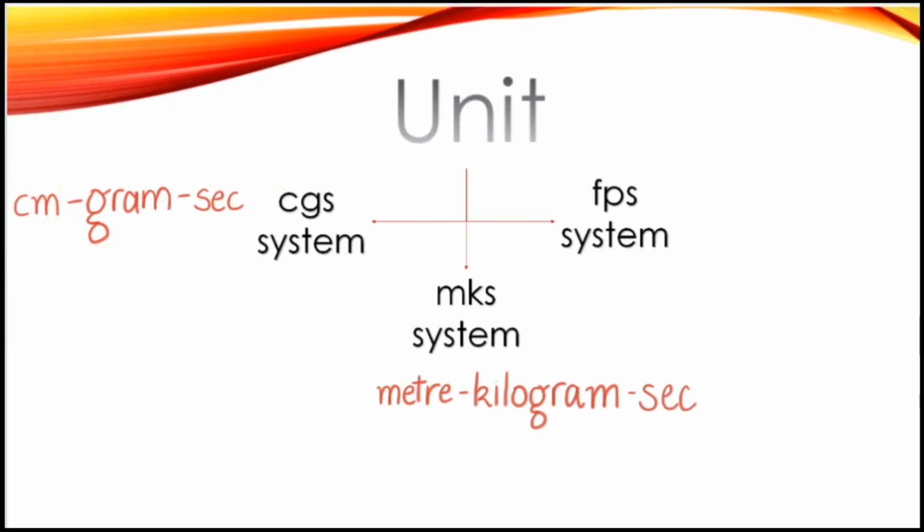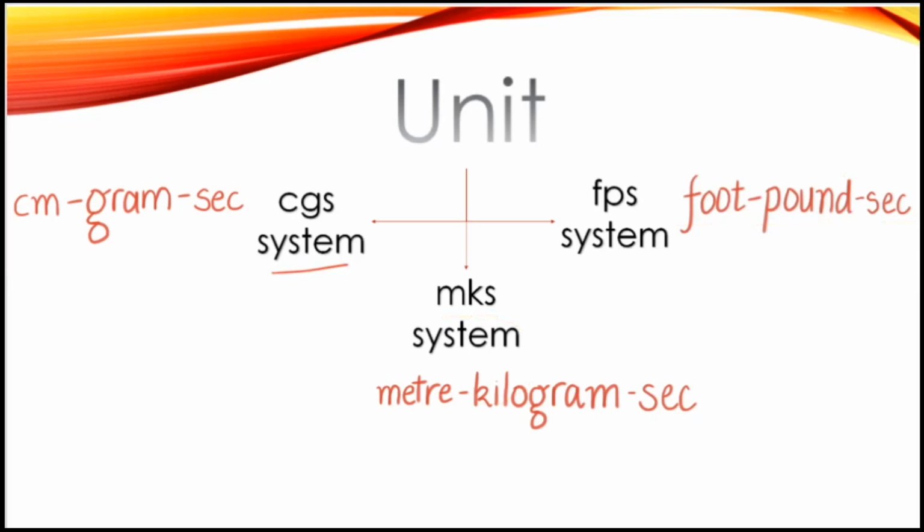And if we use meter, kilogram, seconds to categorize our 7 fundamental units, then we'll call it as MKS system. And if we use foot, pound, second to measure our 7 fundamental units, then it will fall under your FPS system.